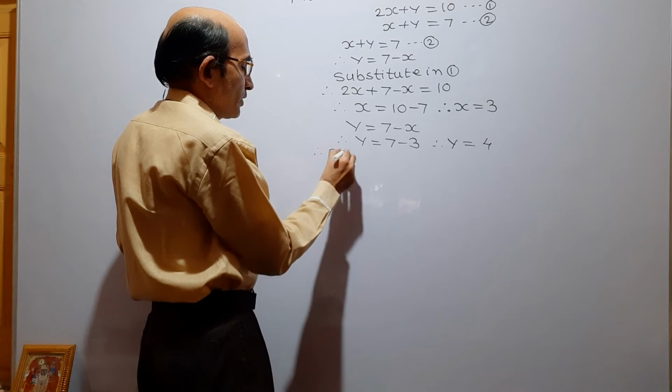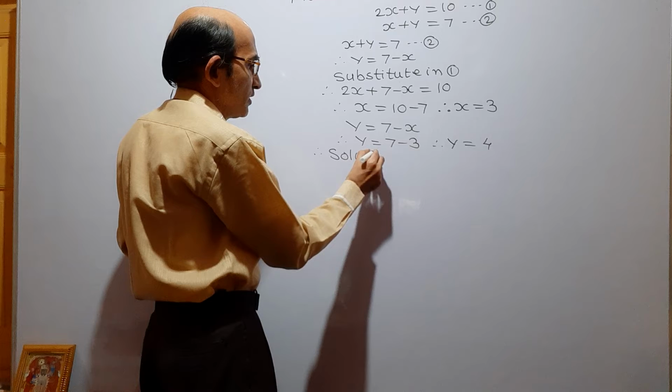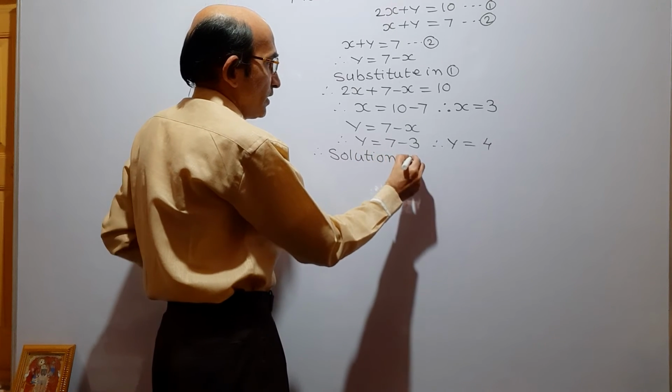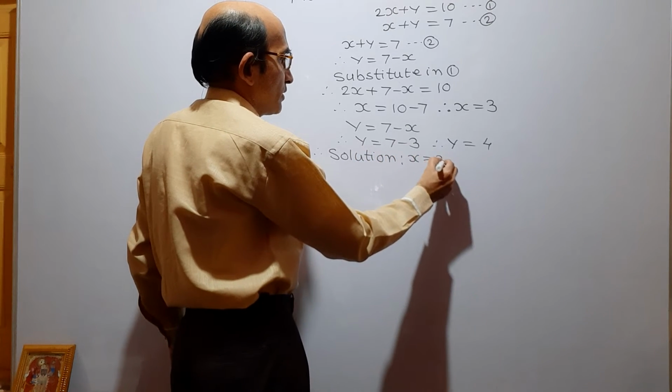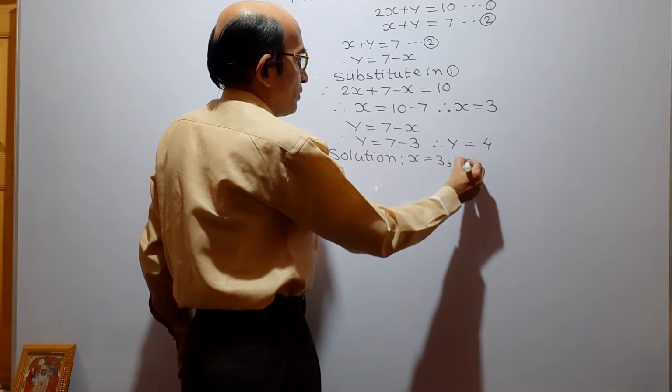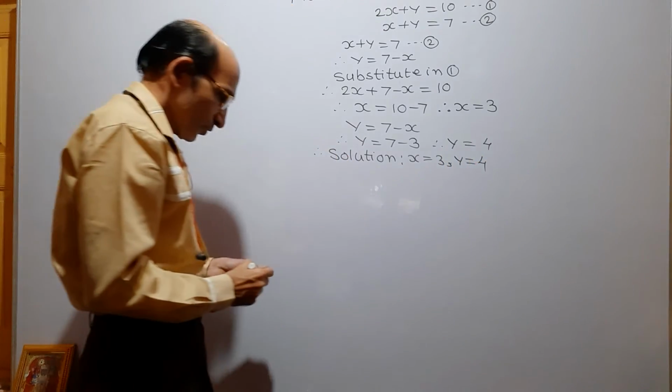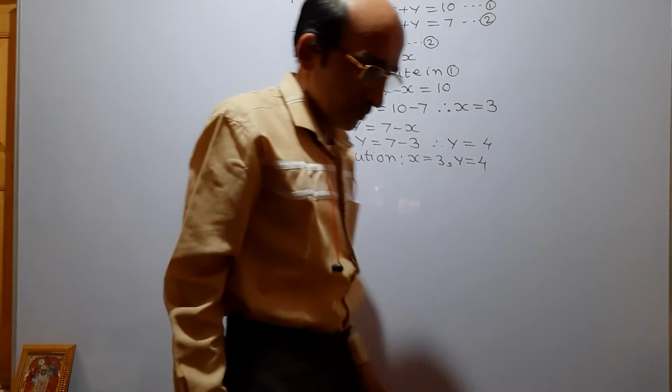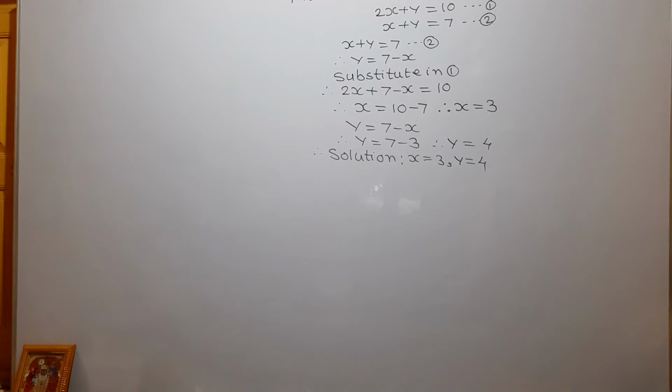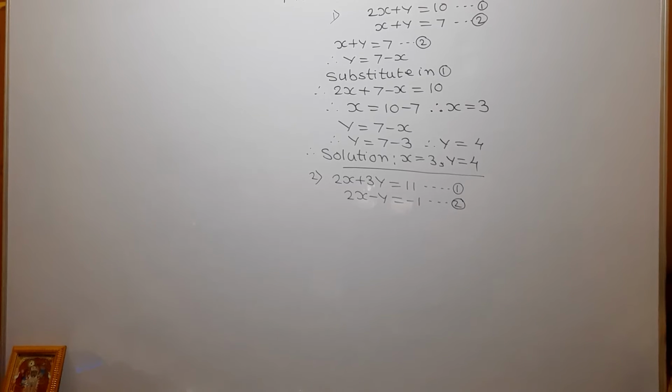Therefore, we get the solution as x is equal to 3 and y is equal to 4. This is known as the method of elimination by substitution, or simply called the substitution method. We discussed the second method, elimination by substitution.